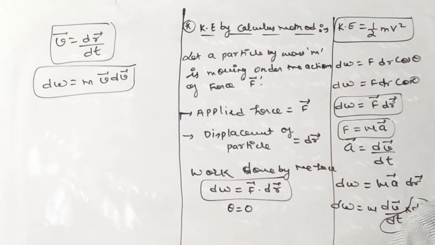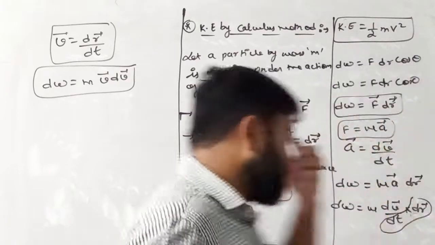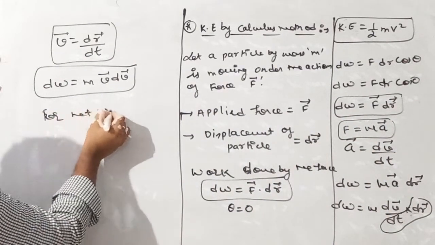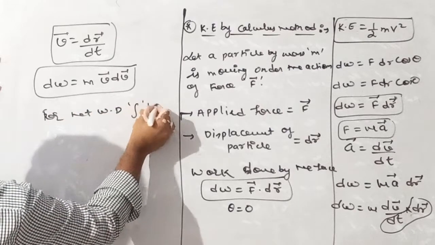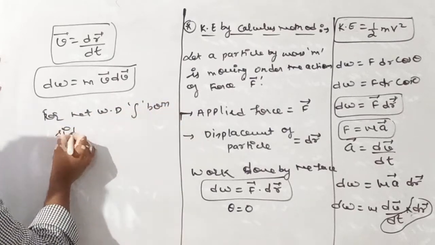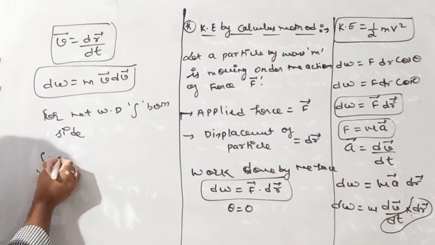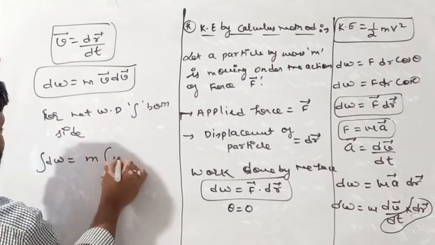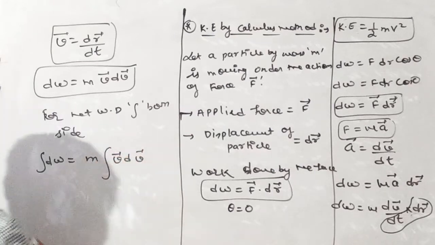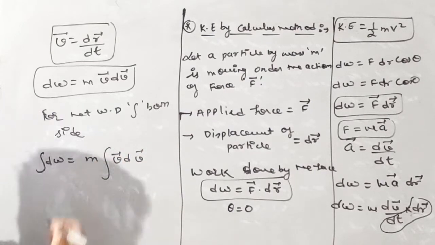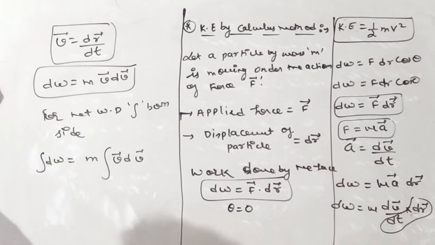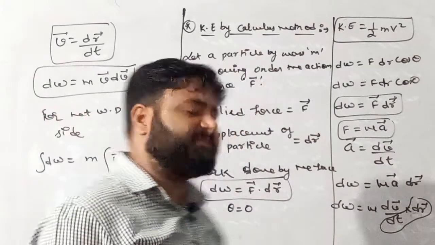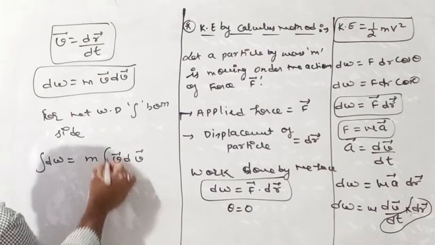Now for net work done we have to integrate it. Integrating both sides, the integration of dW is equal to m, which is constant and comes outside, v dv. Let's suppose the particle is initially at rest, so its velocity is 0.